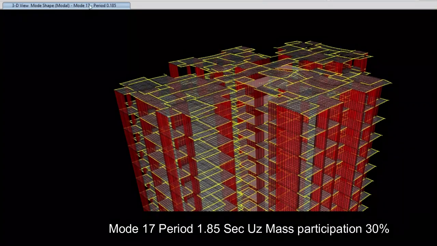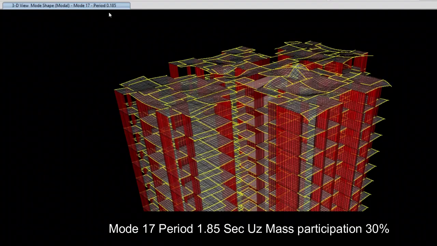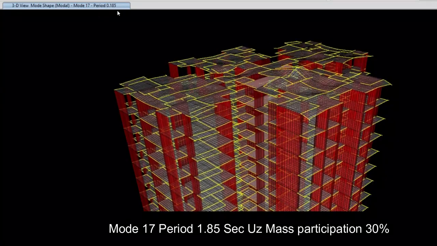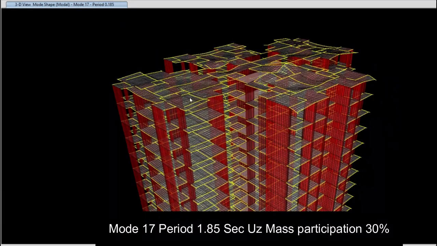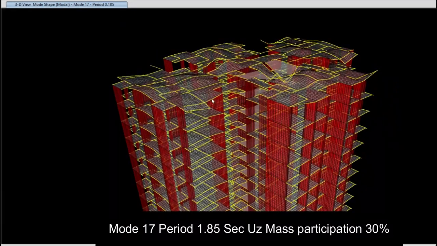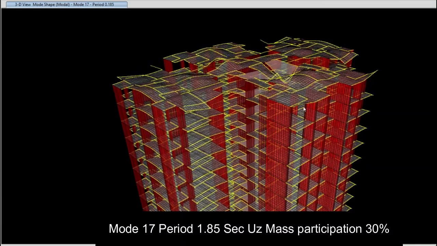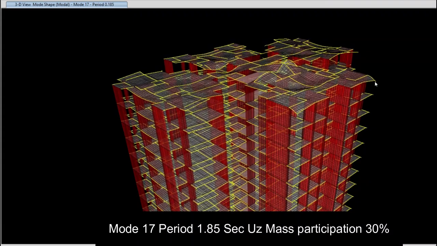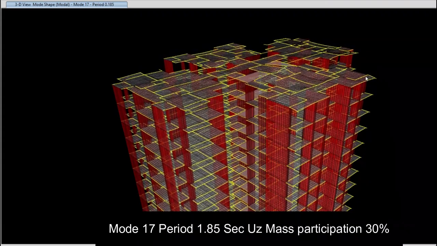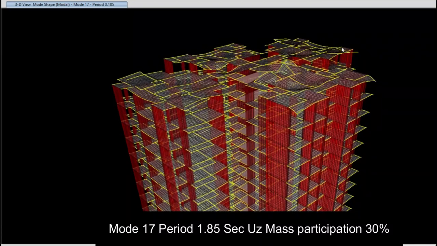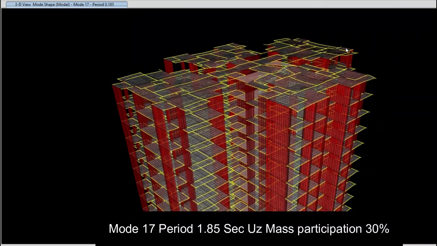In mode 17, what are the structural oscillations? This is mode 17, period 1.85 second, and UZ mass participation is around 30%. You can note particularly at these cantilevers that a lot of vertical excitement is observed, and it is significant, and this is the reason the code has given this factor as 5.